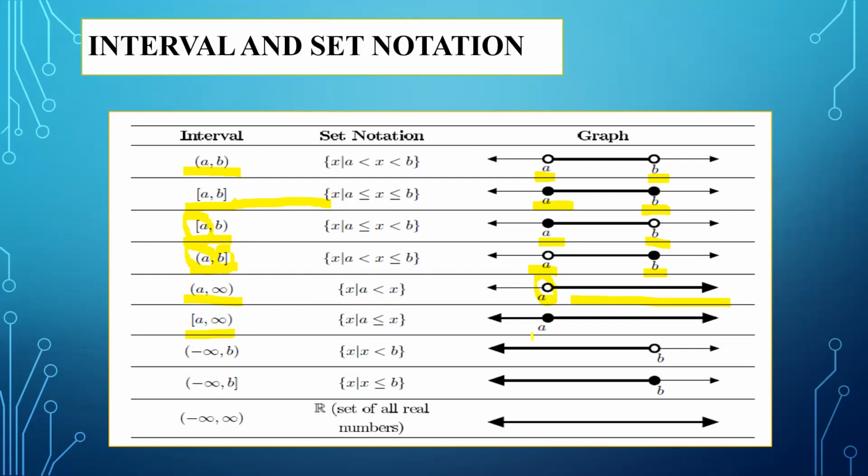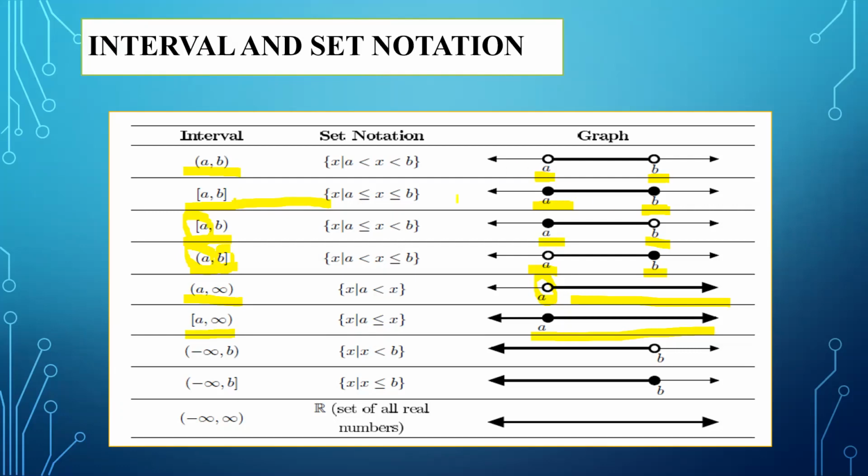So here, a is included. Again, if we talk about an open interval, the endpoint numbers are not included.